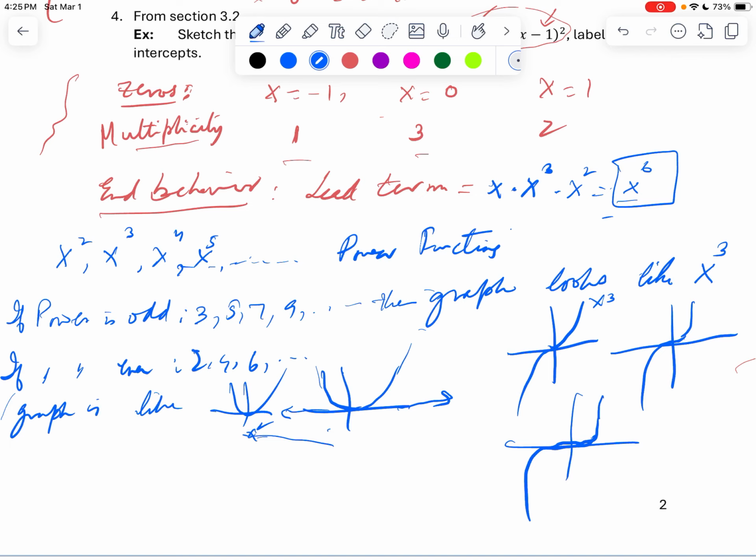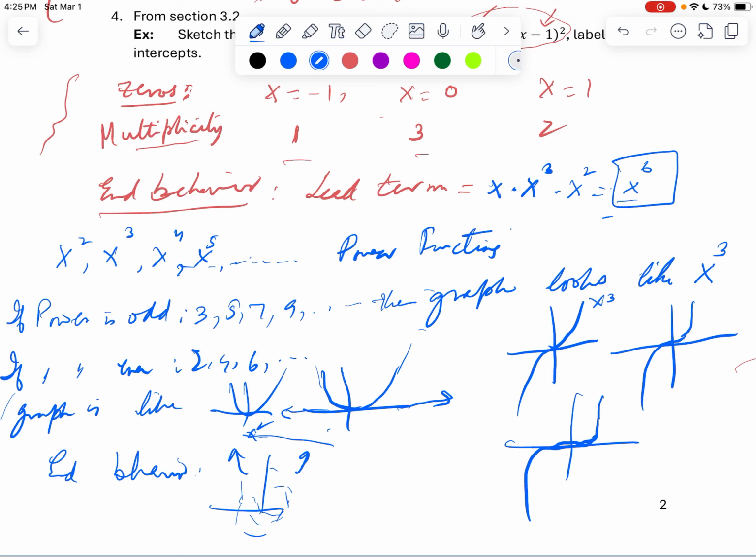So this is how we will show the end behavior. We don't draw it over here because our function is not just x to the 6. It has some other terms as well. So it would not be like that.